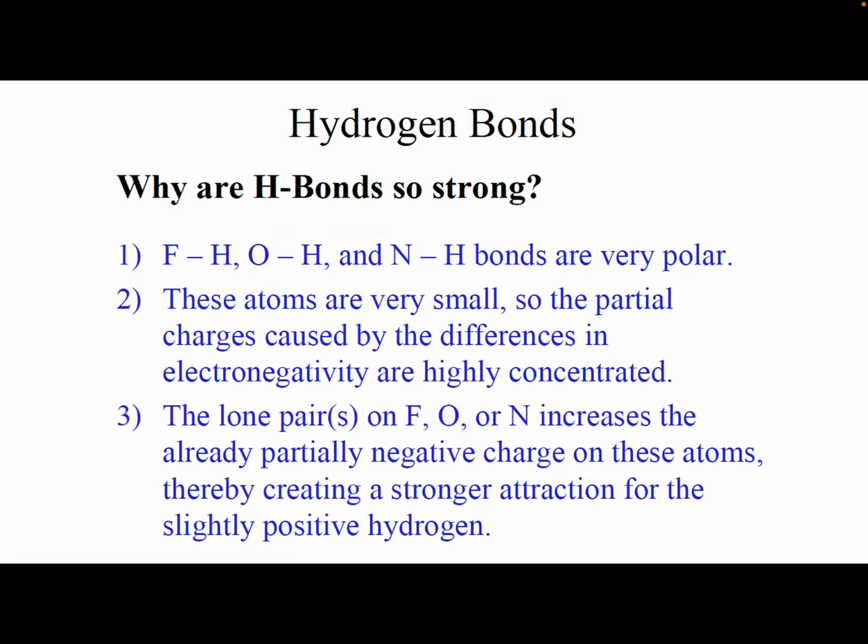How come hydrogen bonds are so strong? Well, fluorine, oxygen, and nitrogen bonded with hydrogen, they are very polar. The electronegativity difference is very high. These atoms are small, so the partial negative and the partial positive charges caused by the differences are very highly concentrated.